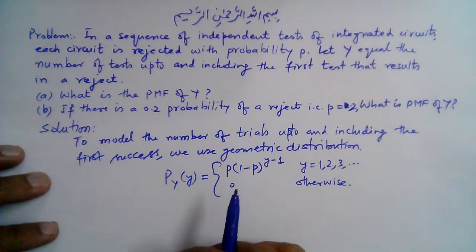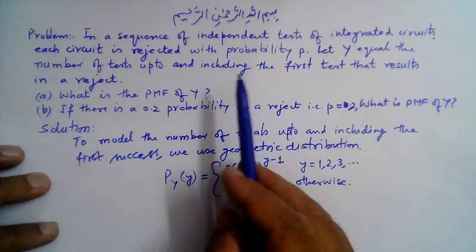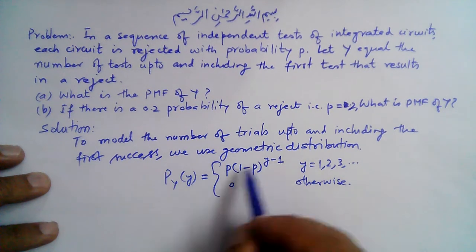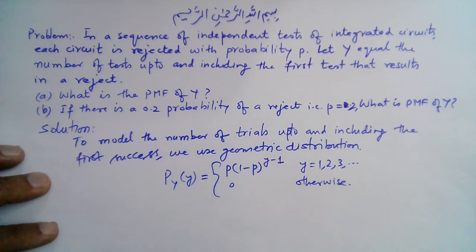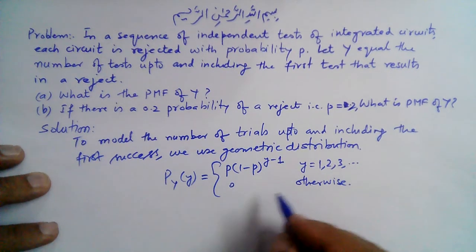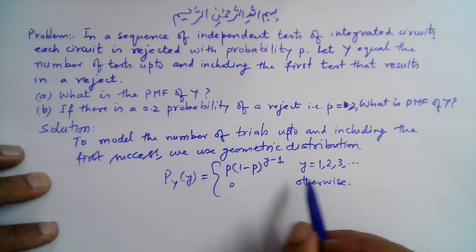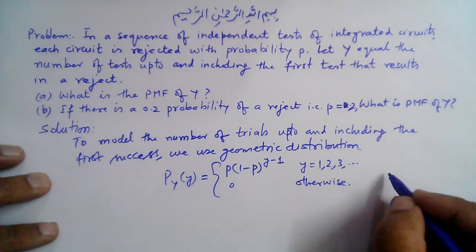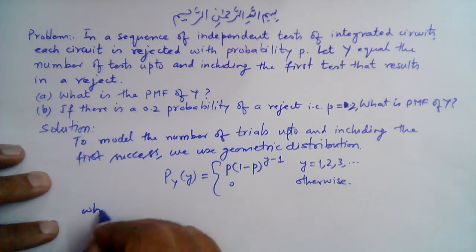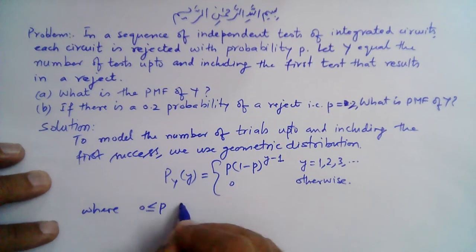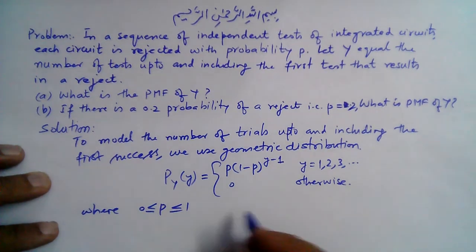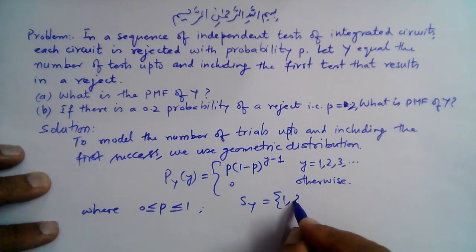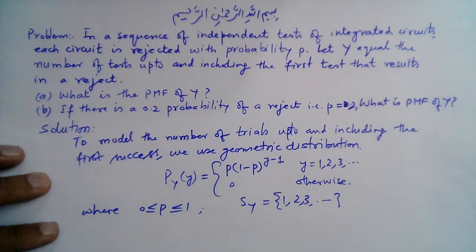So the random variable Y here is a geometric random variable, and the distribution is given by this, right? Here P is the probability of a success in a trial, and P is greater than or equal to 0 and less than or equal to 1, and the range of the random variable Y is 1, 2, 3 and so on.